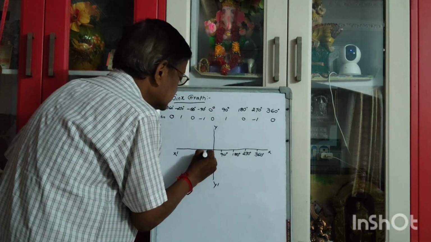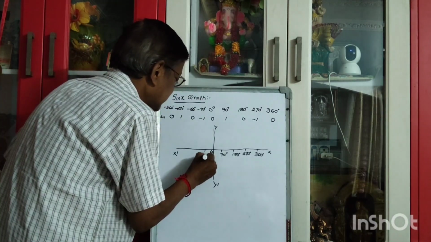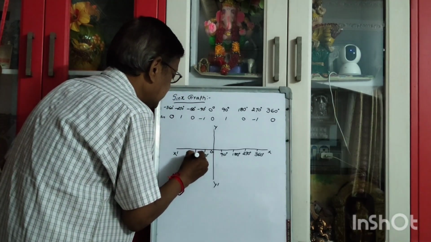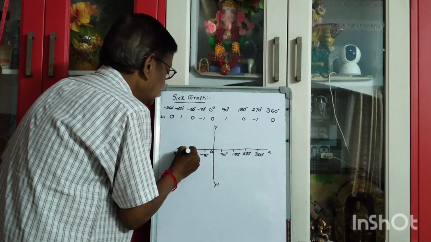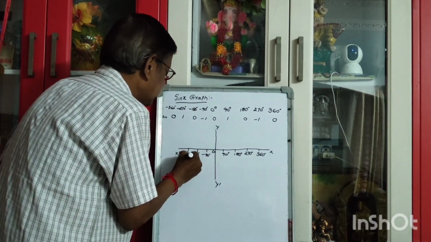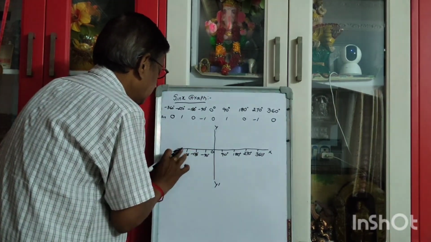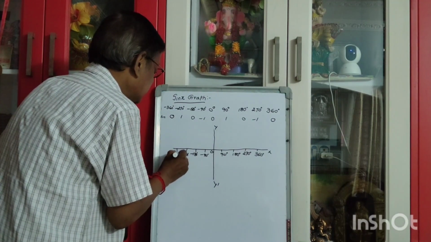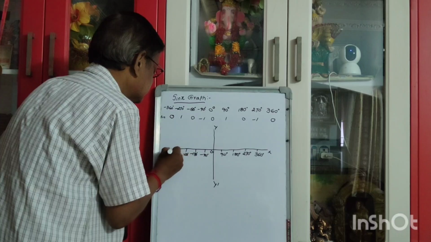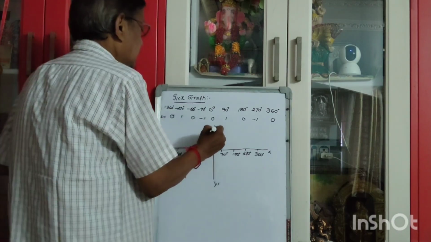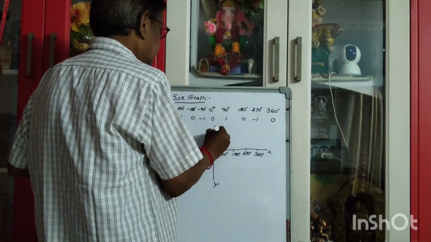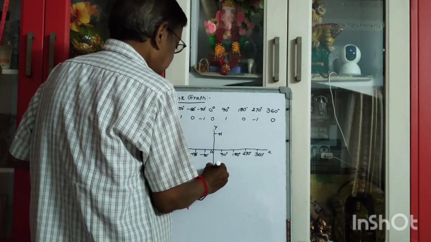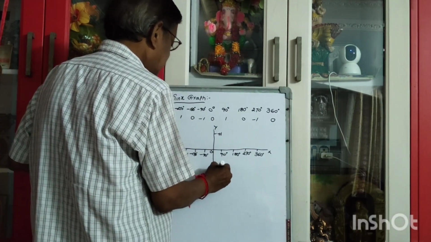Here it is minus 90, minus 180, minus 270, minus 360 degrees. Maximum, the sin x graph lies between plus 1 and minus 1.